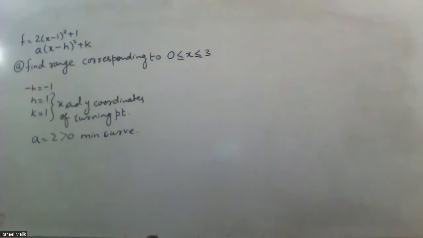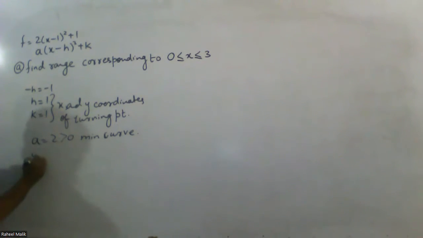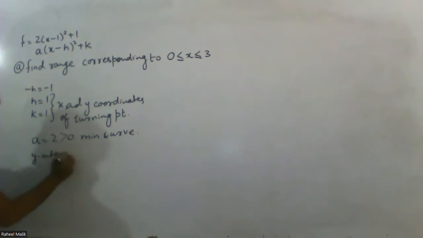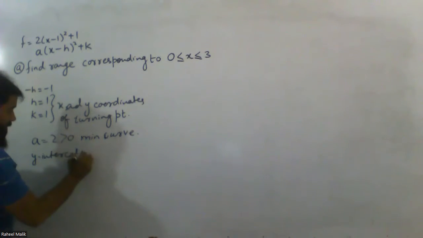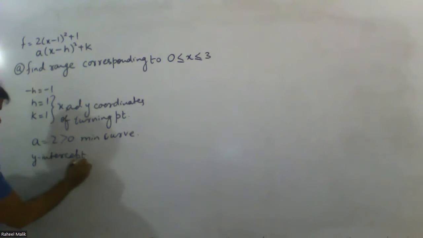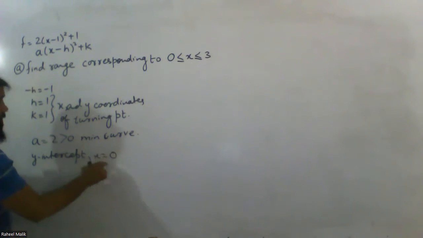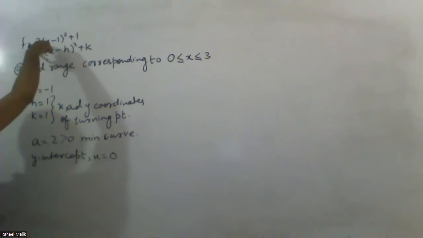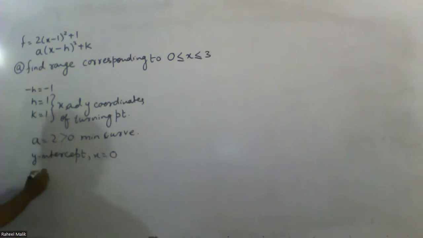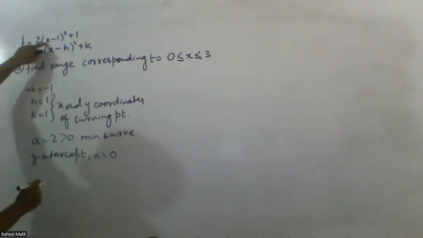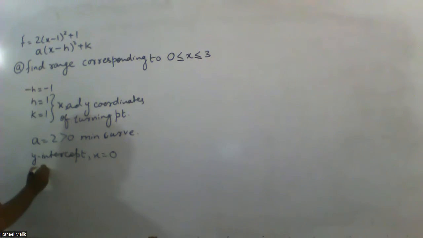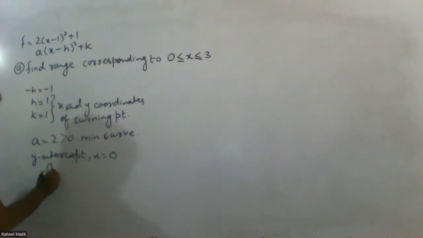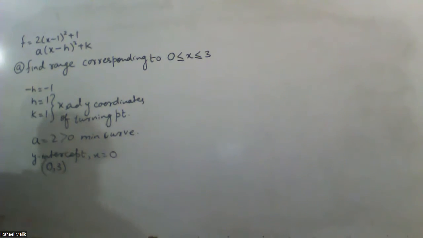So now for the y-intercept, x will be taken as 0. So plotting x equals to 0, 0 minus 1 will be minus 1, whole square will be 1. So at x equals to 0, the value of y is coming 3.